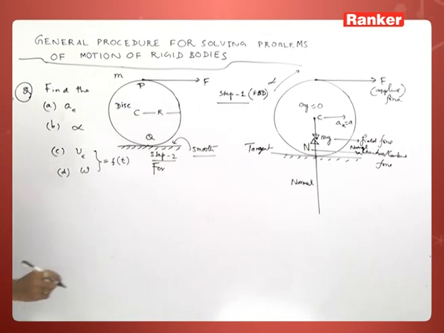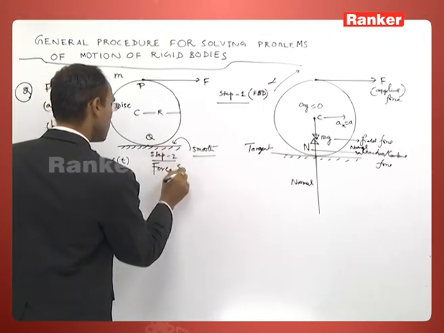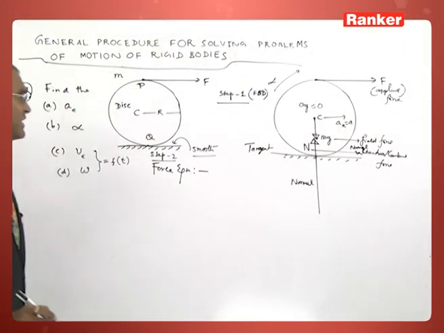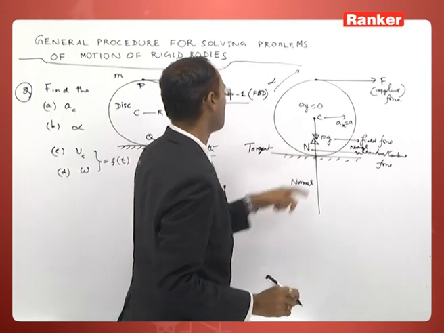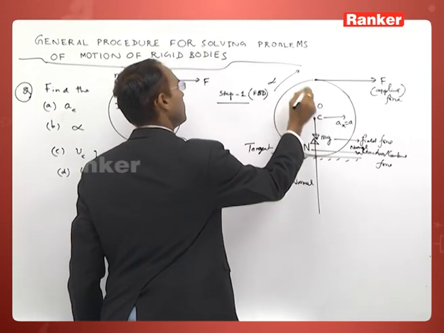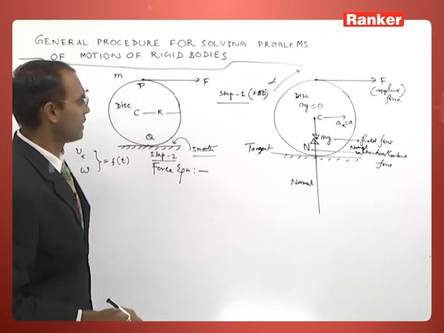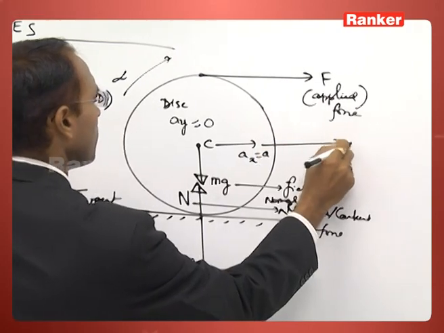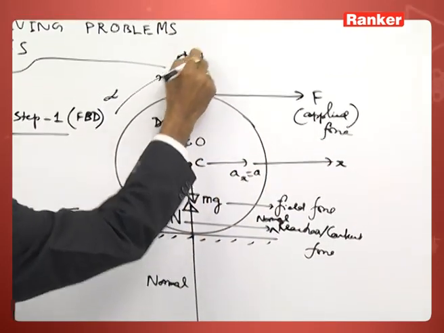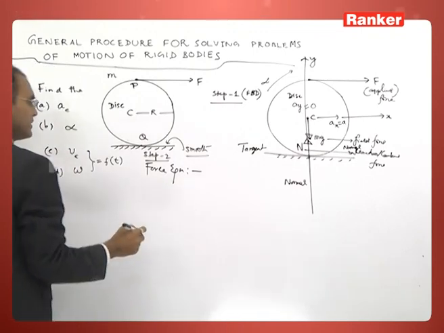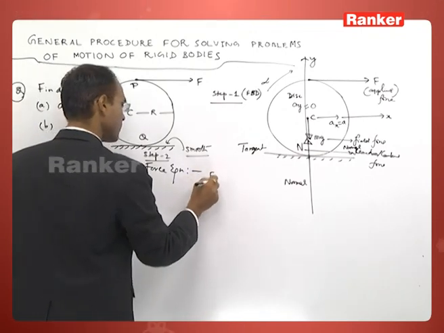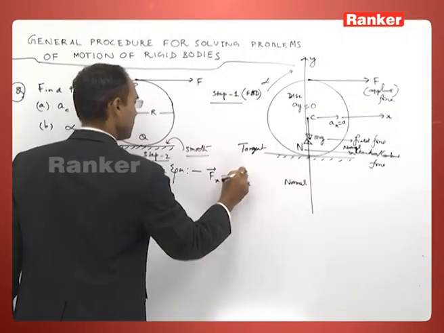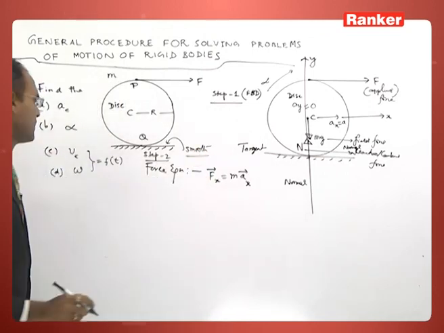And what is step 2? Write the force equation. What is the net force acting on the disk in x direction? Net force along x direction is equal to mass times the center of mass acceleration along x direction.